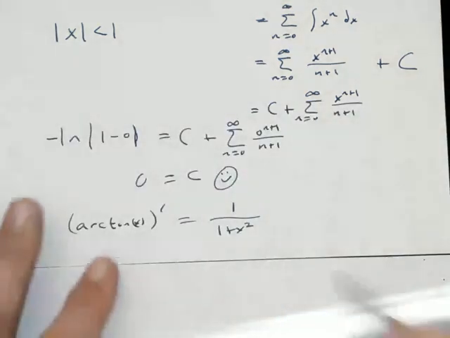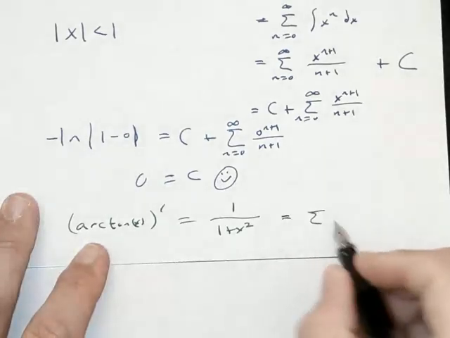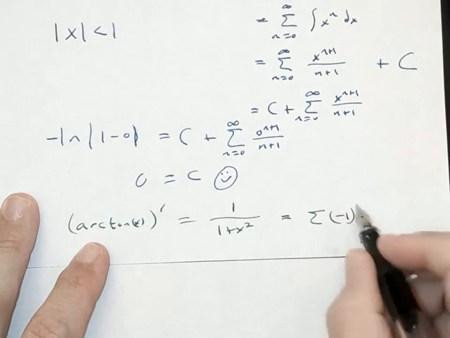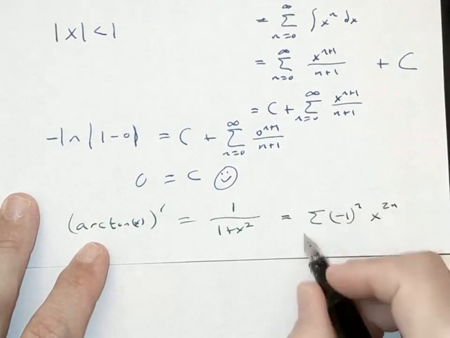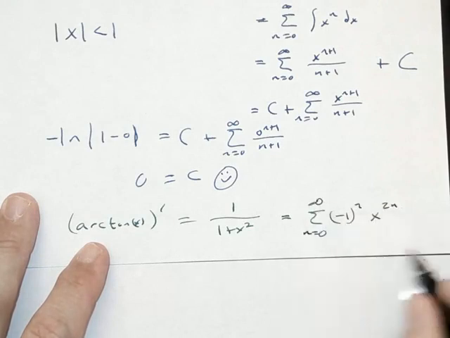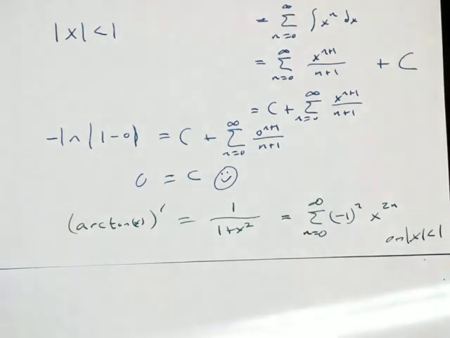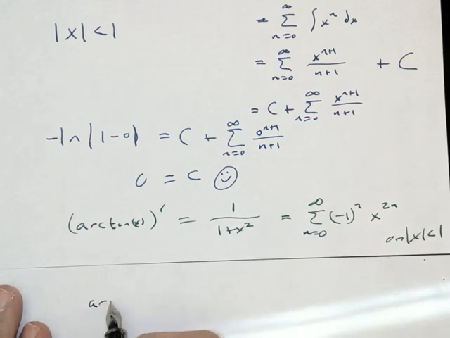That means that I have a power series representation for the derivative. Which means I can find a power series representation for the arctangent.